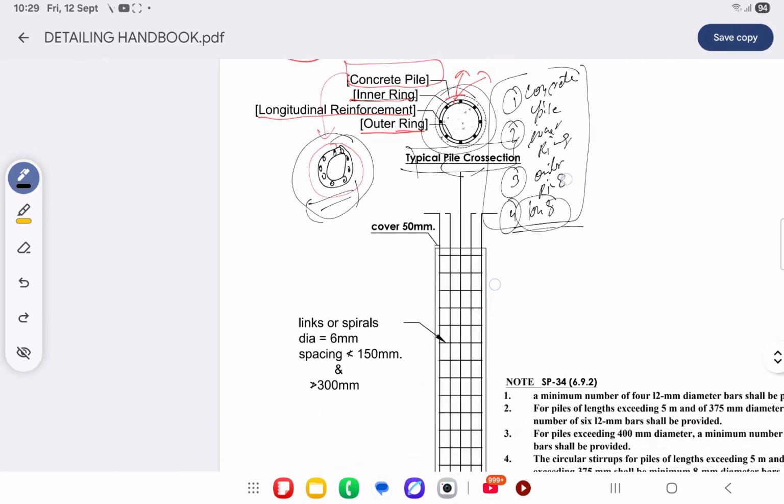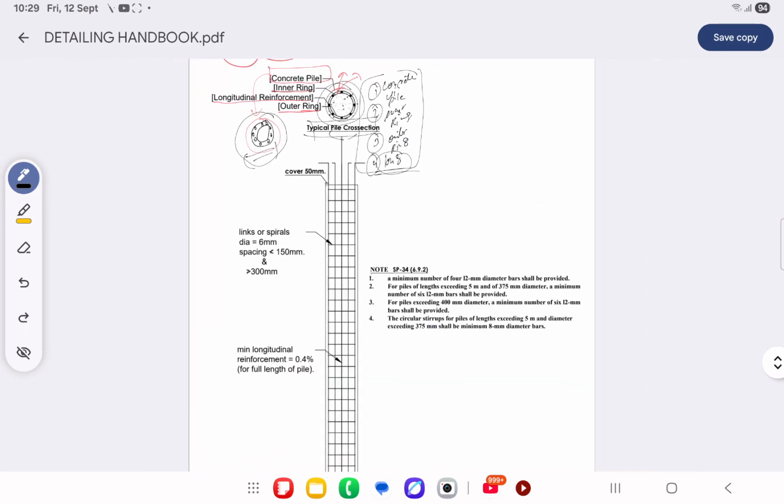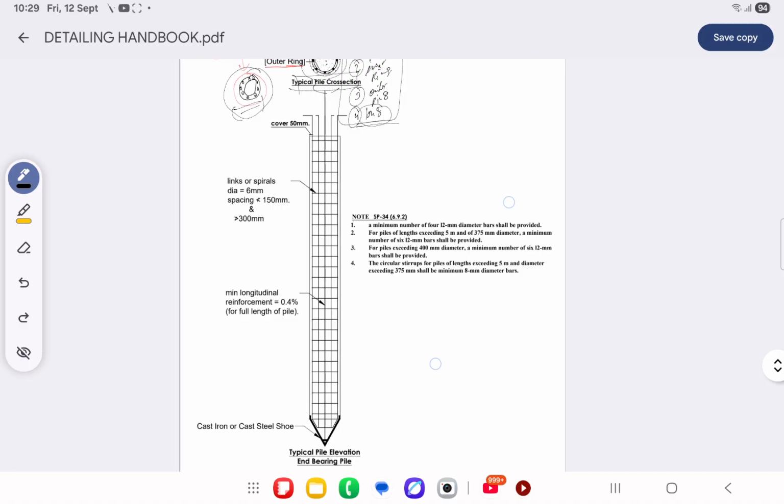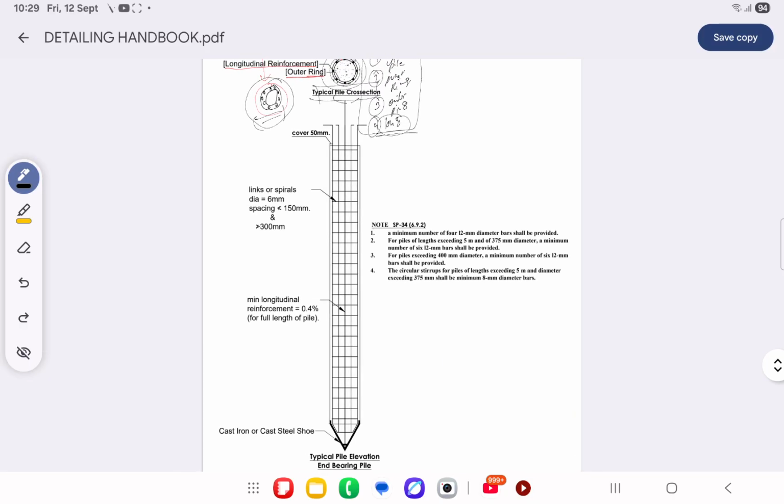Now we'll see the typical pile elevation. In this case you can see this is the pile, and it has a shoe type end. Why do we generally provide this cast iron or cast steel shoe? Because this is the end bearing pile.